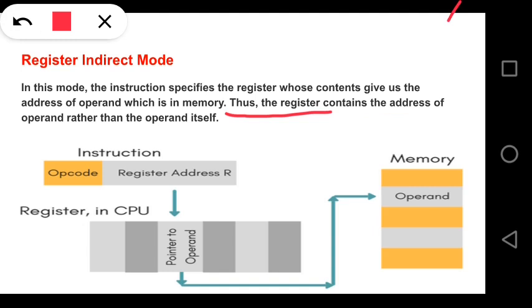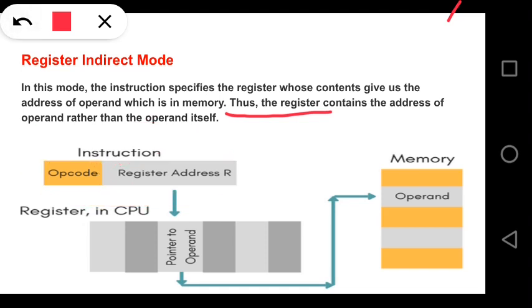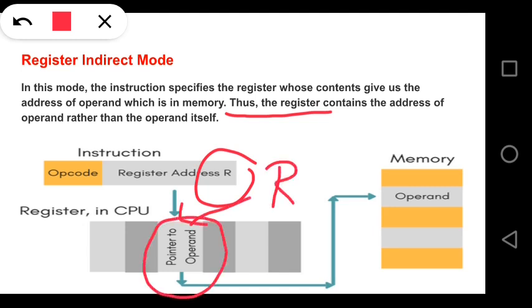And let us understand the diagram. This is an instruction which contains an opcode and a register address, and when the register in the CPU, let's assume this is register R, and this register R contains the address of an operand, a pointer to the operand.